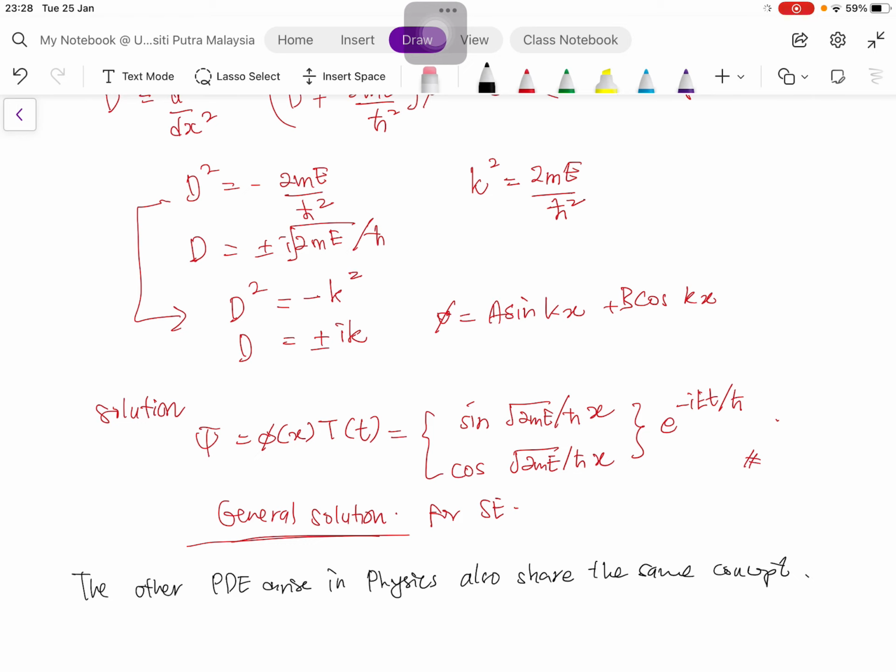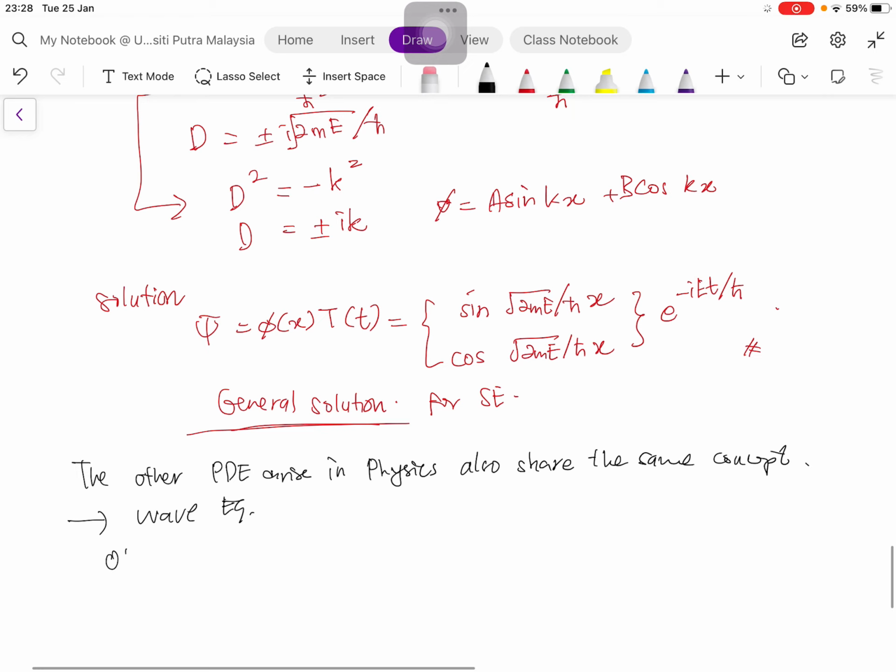So you can look at the discussions on the wave equation, and the rest will involve a bit more complex differential equations, but some of them you will recognize in terms of Bessel functions that you have learned before.